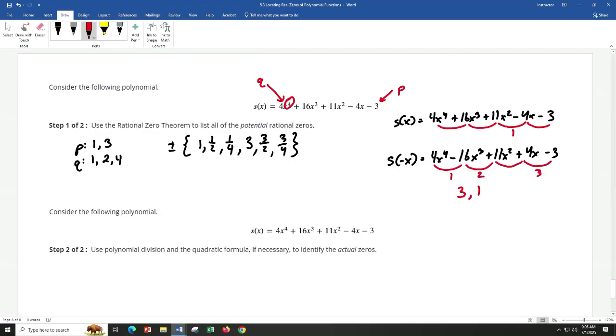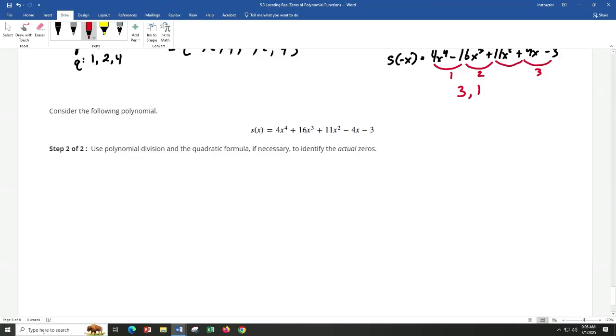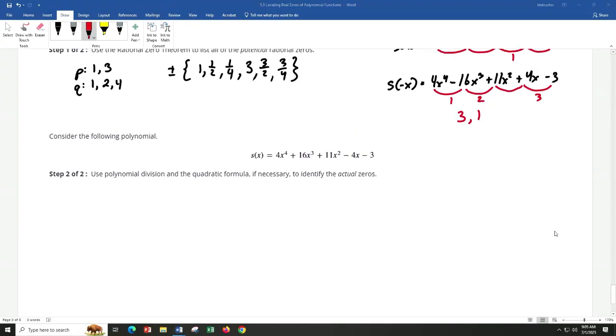So let's come in here and try out one of them. I'm going to do a -1 because I know it works. Oh, why am I doing it that way? I apologize. You only write your coefficients. I have a 4, a 16 and 11, a -4 and a -3. Draw my line.